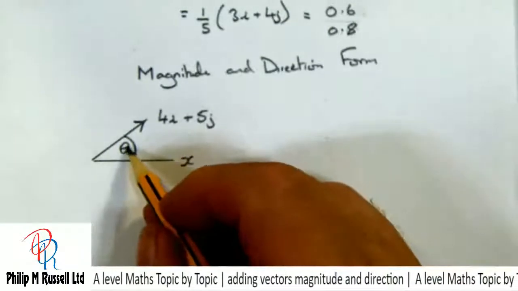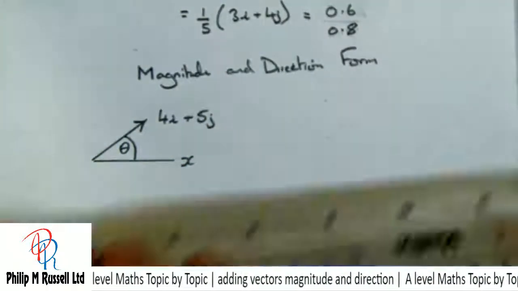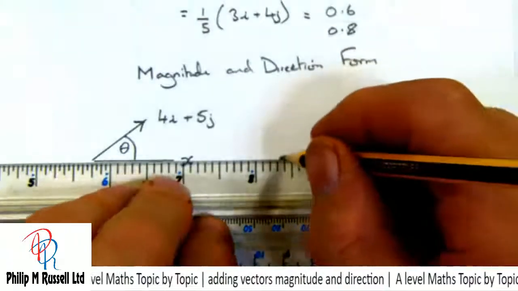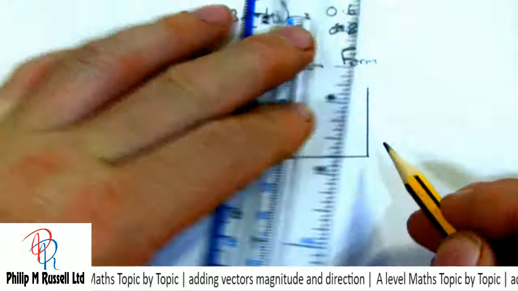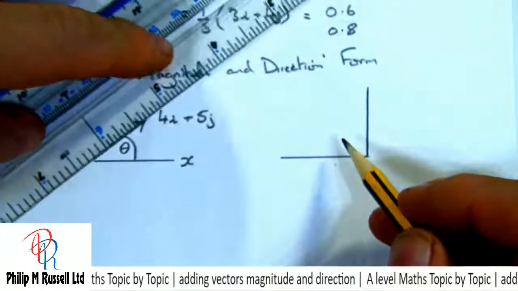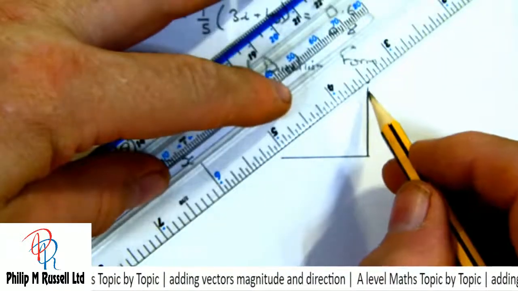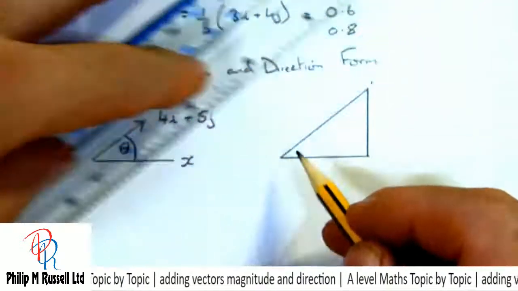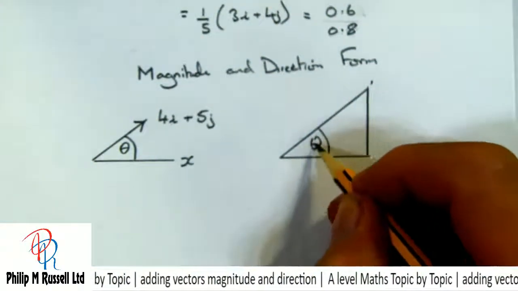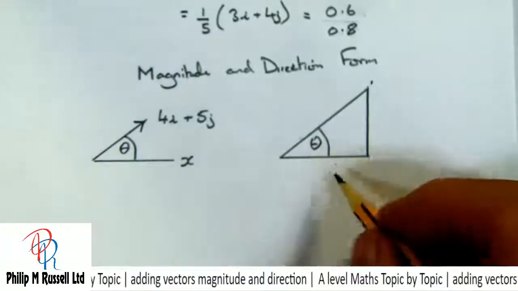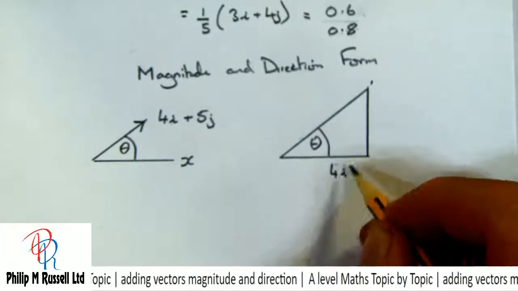So to work out this, let's think about what we've got. Here is my 4i.